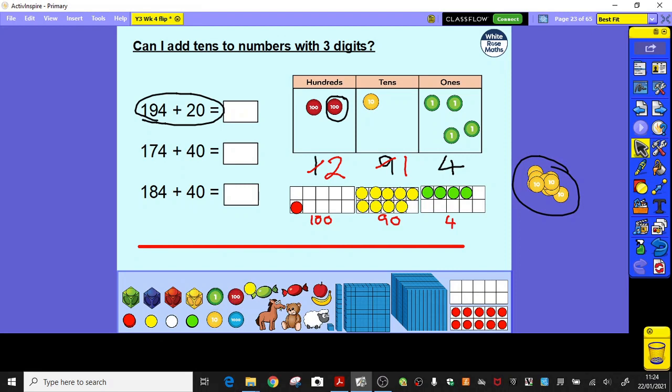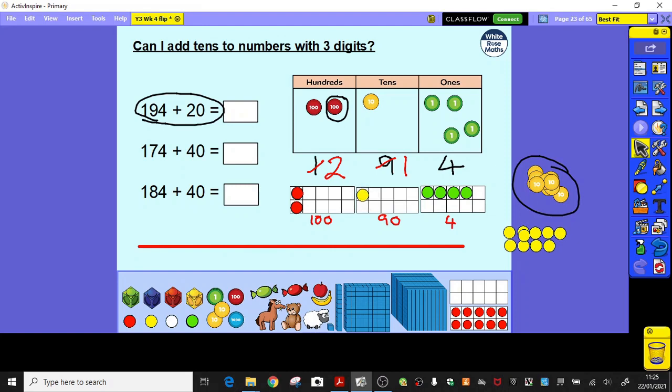So if I add another 10, that 10 frame is now full. So we need to swap that for a 100. So let's take these away. We've swapped all those for 100. We've added 110. Now we need to add another 10.